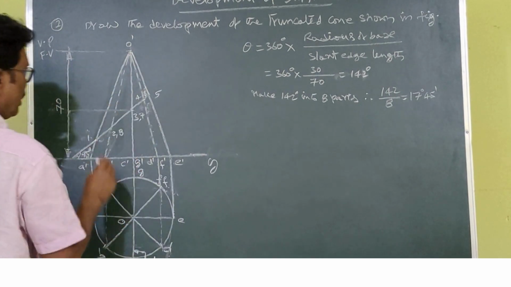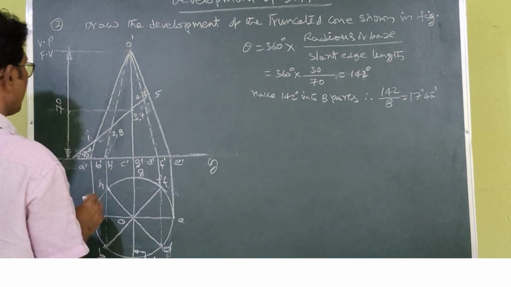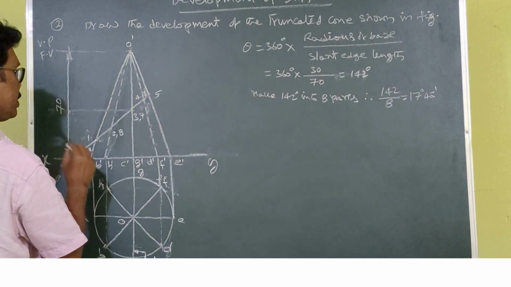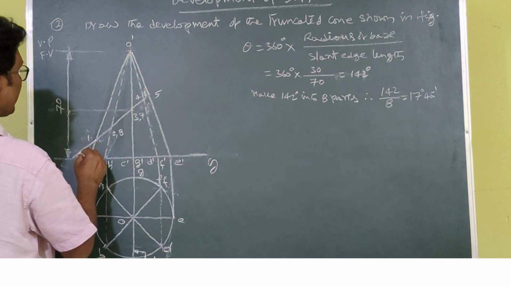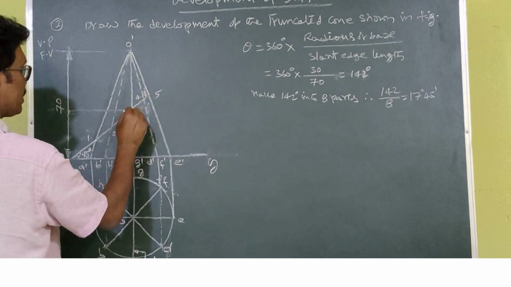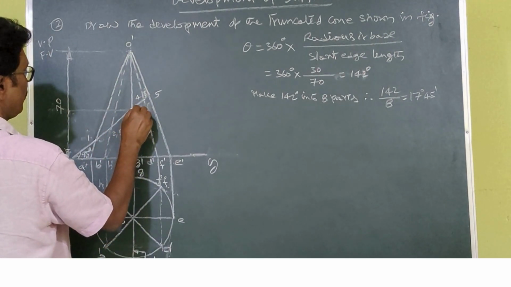Now the cutting plane is perpendicular to HP and 45 degrees to the HP, and that cutting plane passes through the midpoint of the axis. Therefore first you have to find the midpoint.